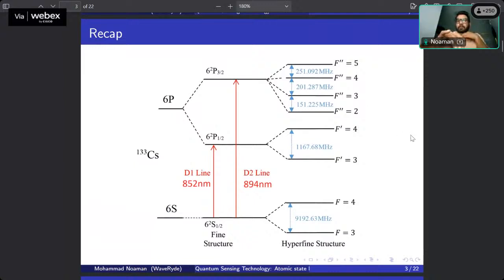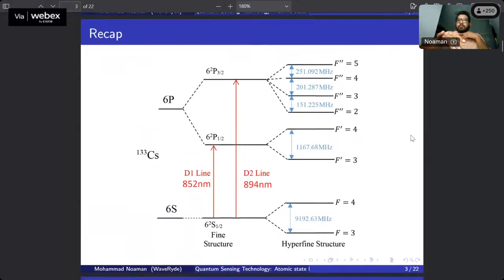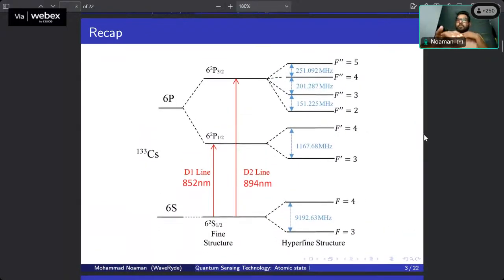But there are a series of energy levels, and I'm going to show that in a later part. But first, I'm going to show how the setup actually looks and how we work with it in terms of running an experiment.